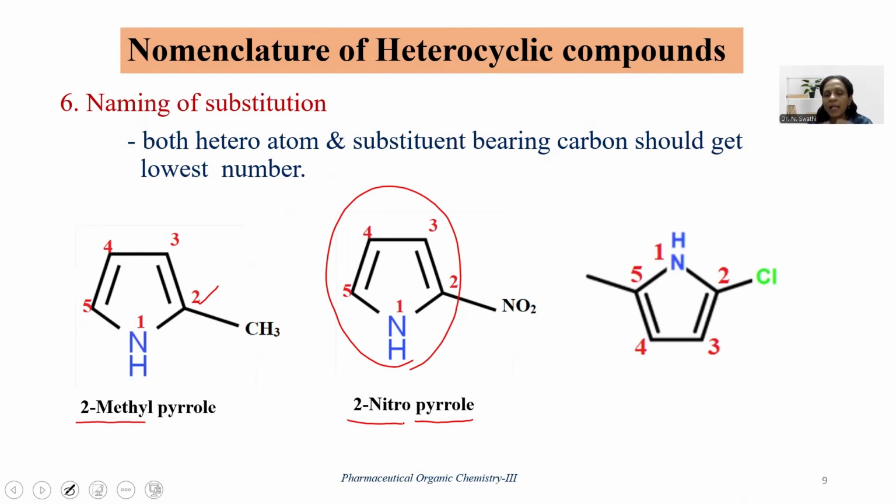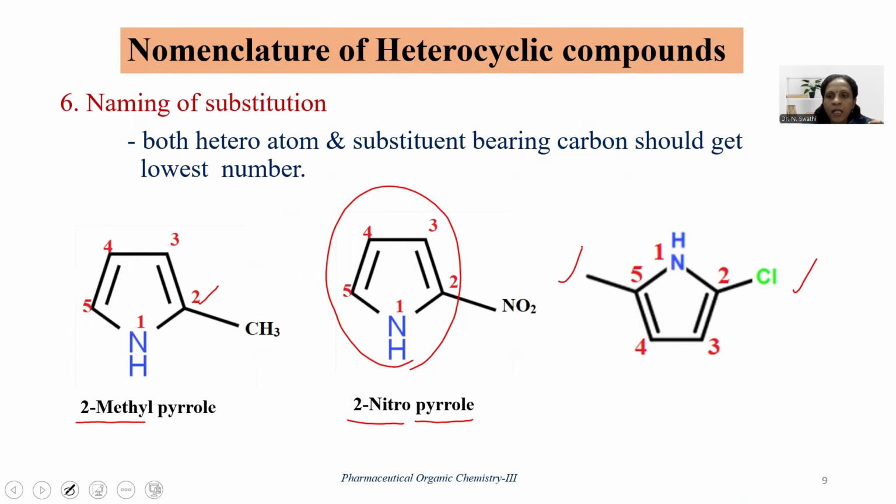Now another example. This is also a pyrrole derivative, but having 2 substitutions, at both the ortho positions. One of the substitutions is a halogen, that is chlorine here. The other substitution is a methyl group. In that case we have to see the priority of the groups. Halogen gets the precedence over the methyl group.